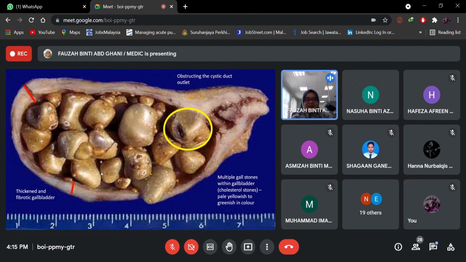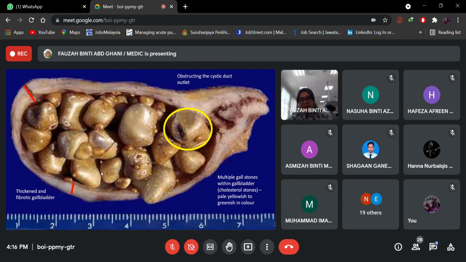It is very yellowish, like in the description, and the size is larger. Pigment stones are expected to be smaller in size, but these ones are very large. Yes, okay, good.